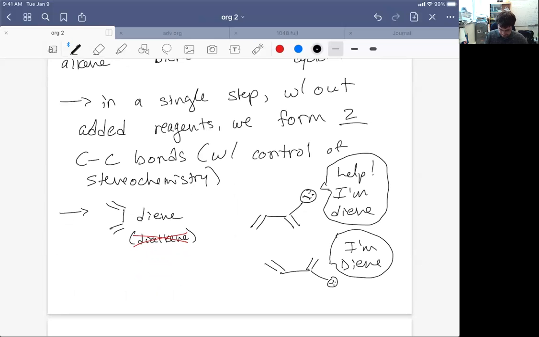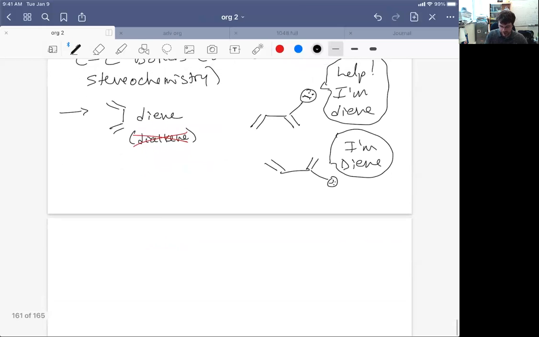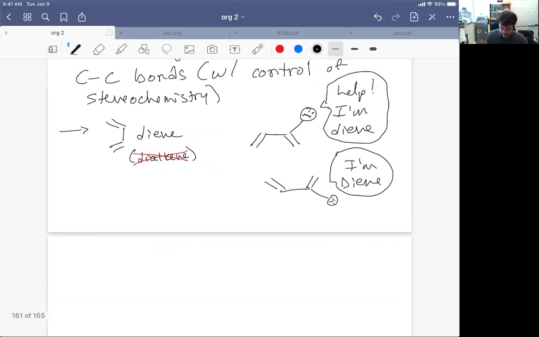So what we do is we take these two things, we mix them together, perhaps with some heat. We form two new carbon-carbon bonds along with a fairly important ring structure, the six-membered ring. So let's break this reaction down a little bit by considering the mechanism. It turns out the mechanism's pretty straightforward. We just have arrows connecting where we're going to move the double bonds around.